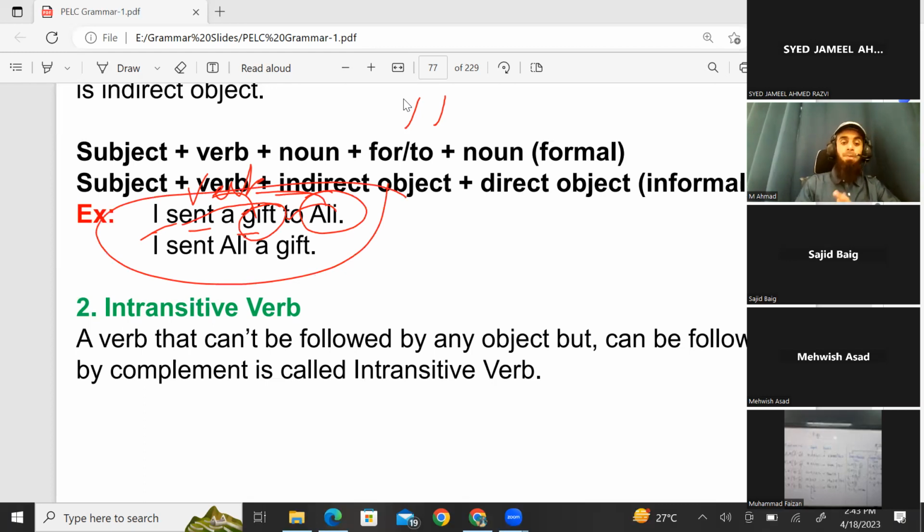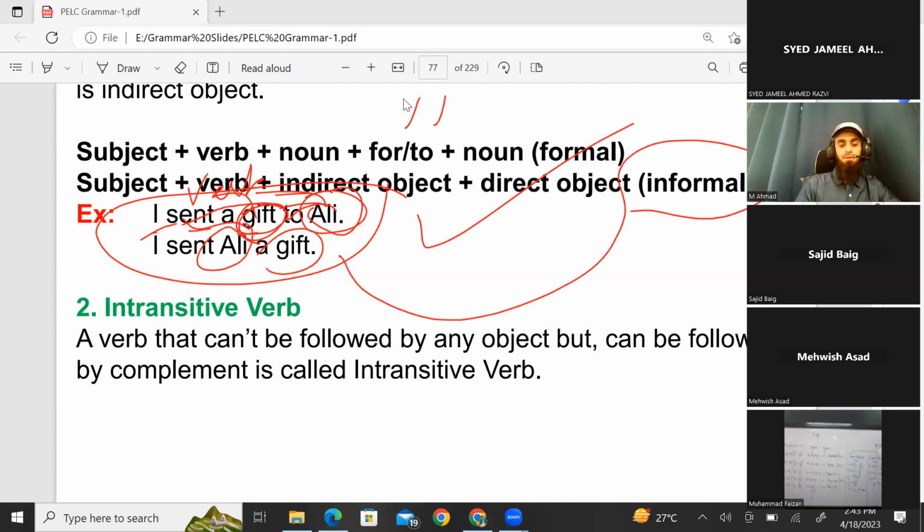But if you use the direct object after a verb and then the indirect object, this is the formal way of speaking, meaning respectful and professional. But if you use the indirect object first and then the direct object, both are fine, but this is called the informal way of speaking.